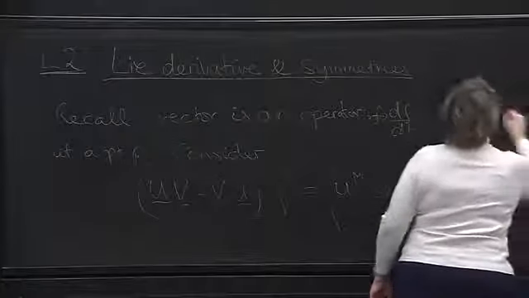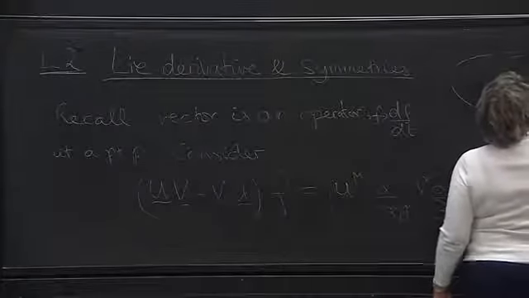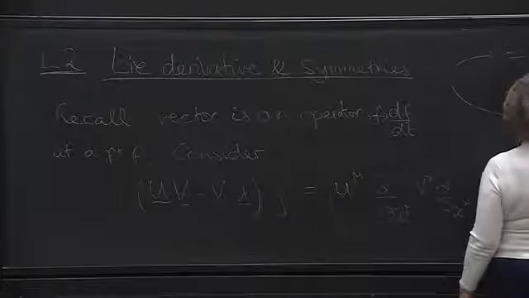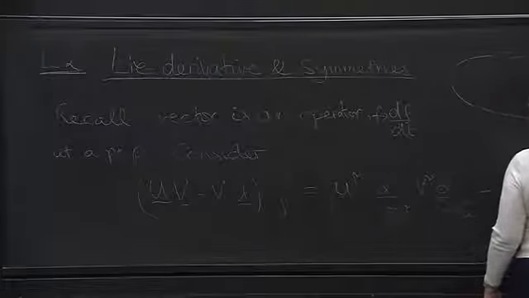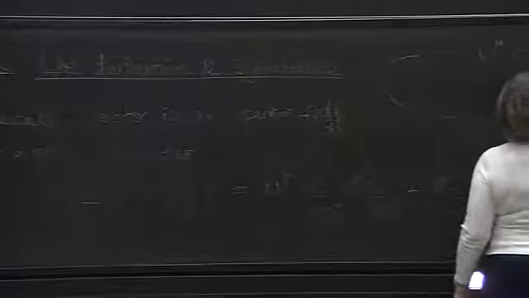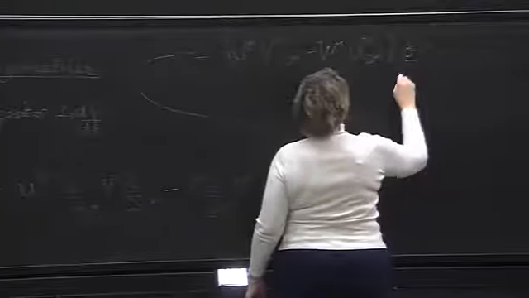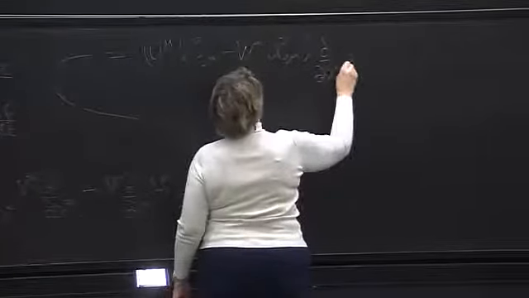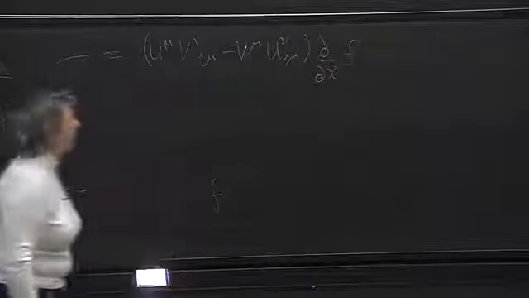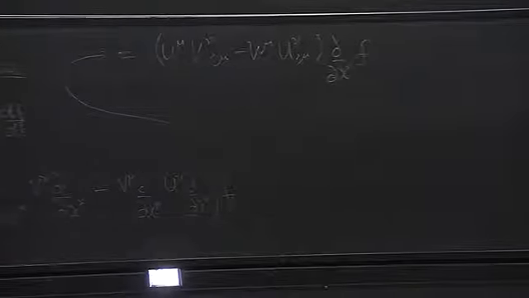So all we get are partial derivatives of each of the vectors respectively.